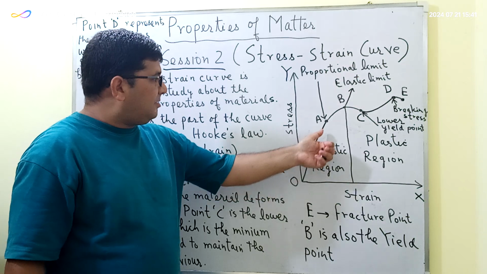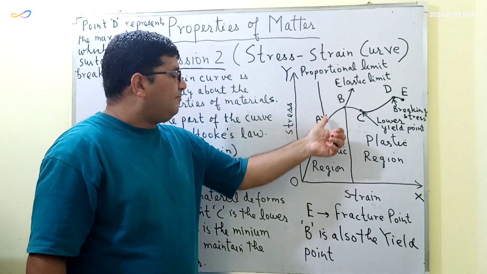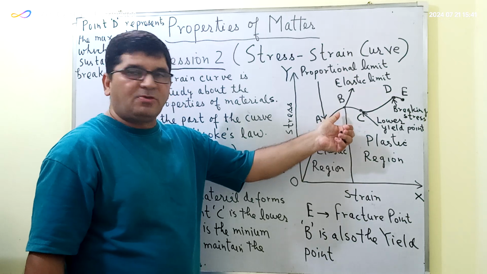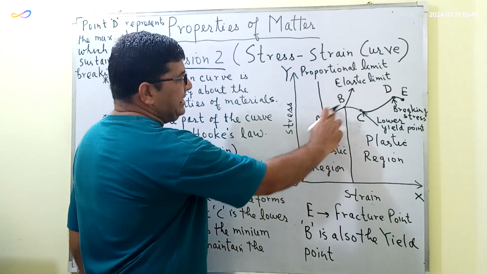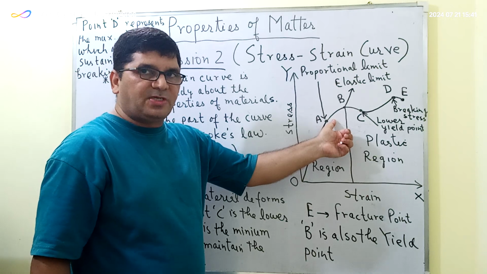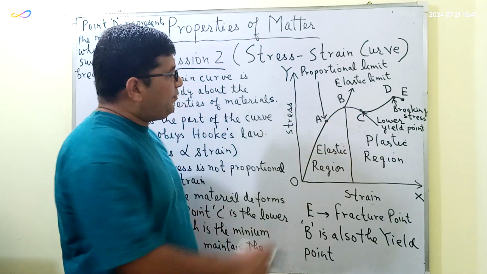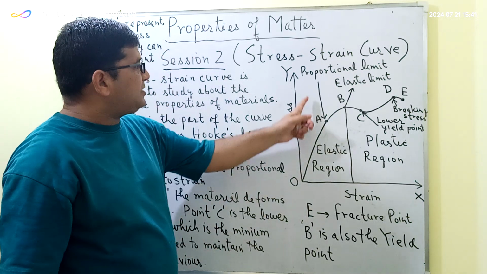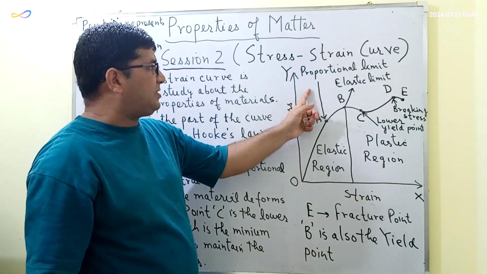Beyond this point A, that is from A to B, you can see that this part of the curve is not a straight line, it is slightly curved. So here the stress is not proportional to strain. This point B is called the elastic point, and this point A is called the proportional limit.